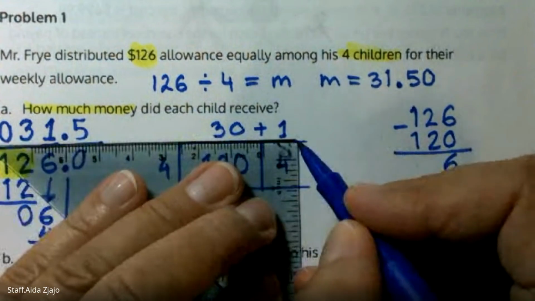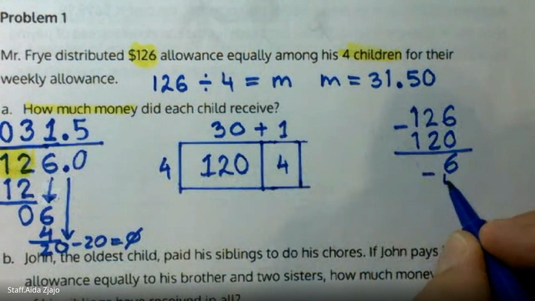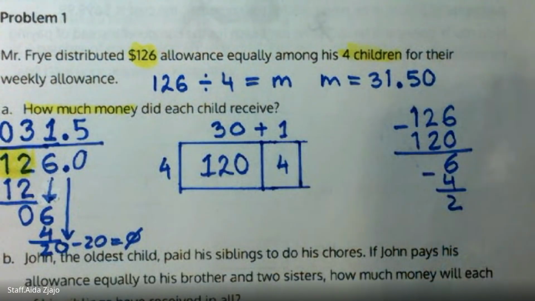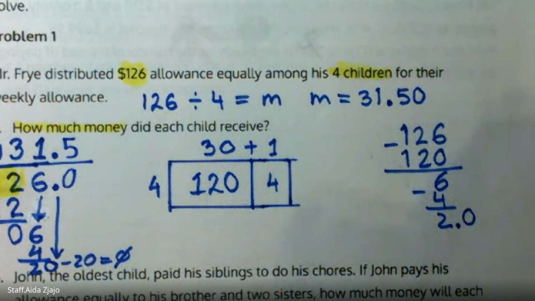I can close that, but when I subtract 4, I have 2 left. Then I will change that 2 into 20 tenths.